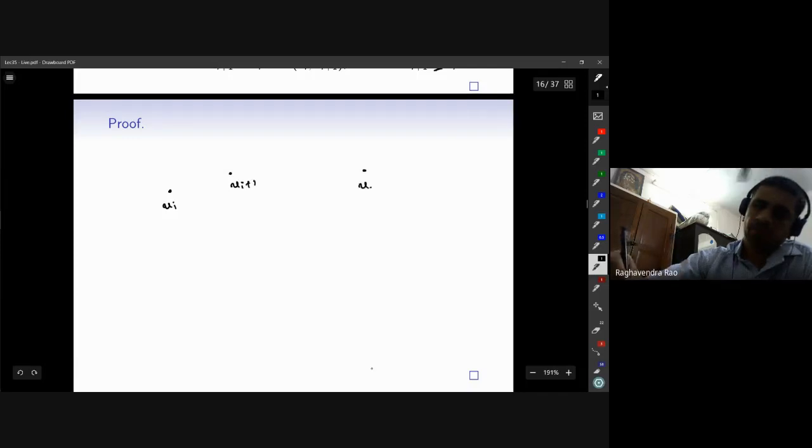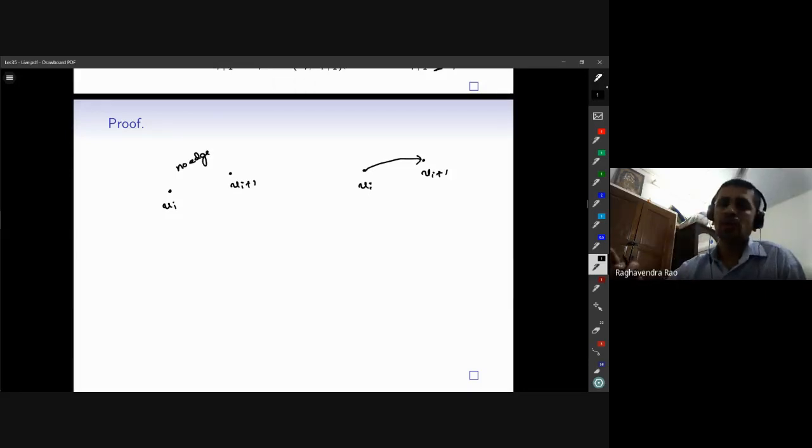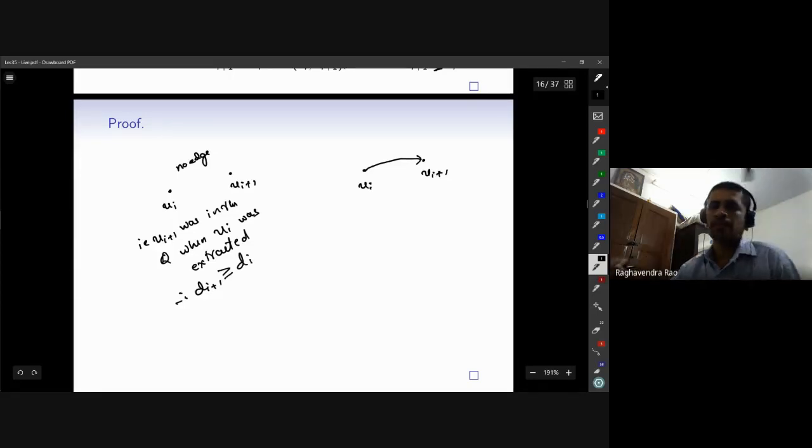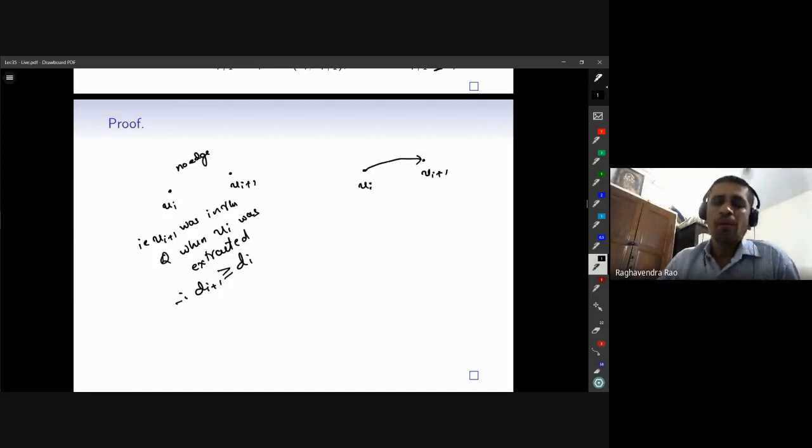So if there is no edge, that means ui plus 1 was in the queue when ui was extracted. Therefore, di plus 1 is greater or equal to di. And since there is no edge, no update happened, right? So there is no update after extracting ui.